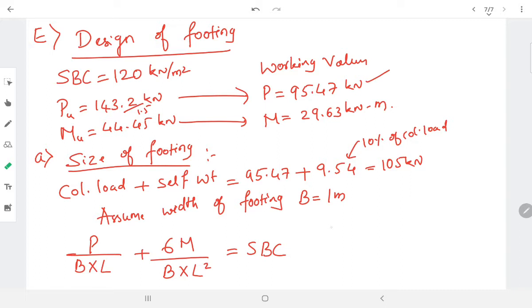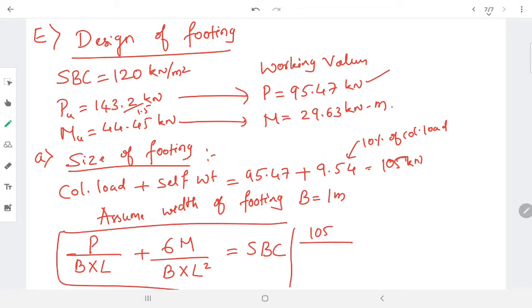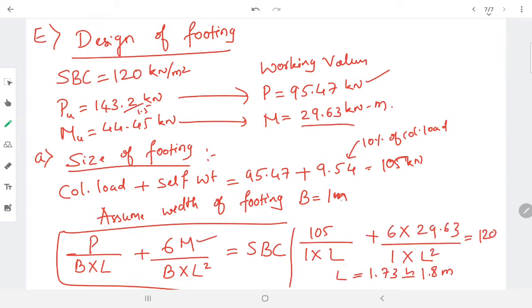Substitute the values here. P is 105 kilonewton. Substitute that 105 in this formula. Let's assume a trial L by B, where B is assumed as 1 meter, and P by B into L plus 6m divided by B L square equals SBC.